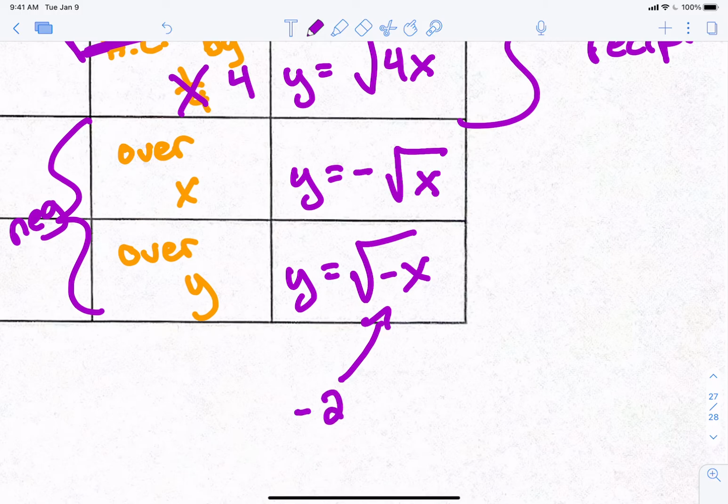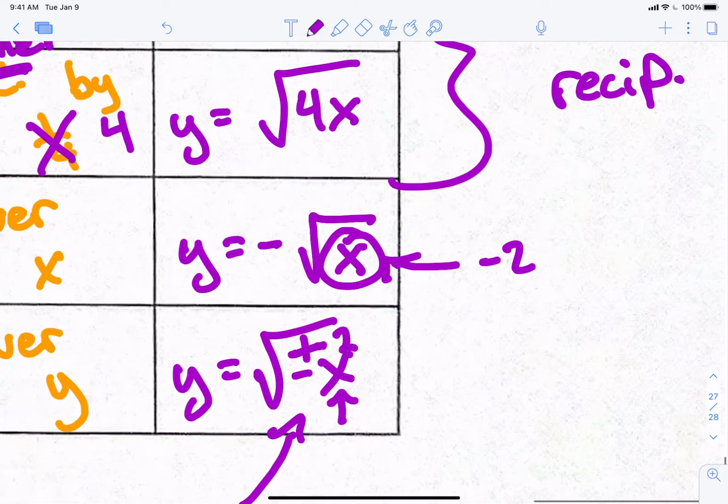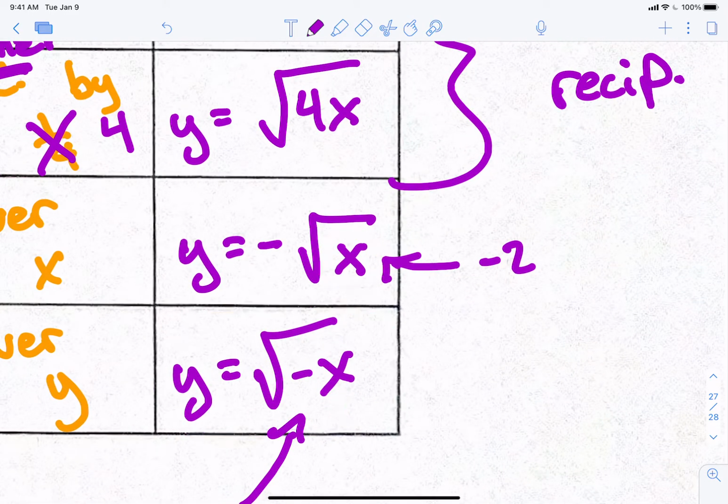Normally, I'm not allowed to plug a negative 2 in for x right here because I can't take the square root of a negative 2. But if I plug a negative 2 in here in this spot, it will be negative 2, which will actually turn it to be positive 2. So that's why I can get away with that. Does that make sense? Okay. So for this case, you will only be plugging negative numbers in for that. I'm going to get rid of all my messy stuff. Okay. Makes sense? All right.